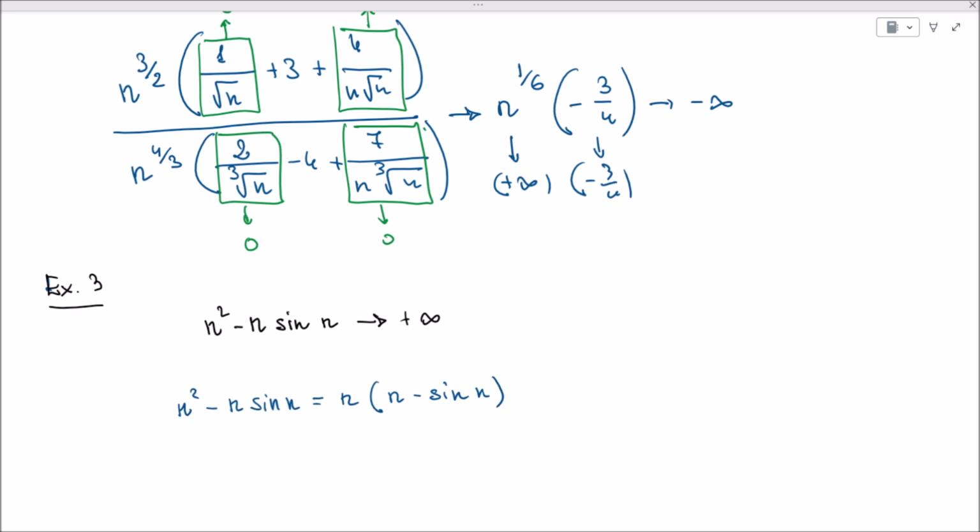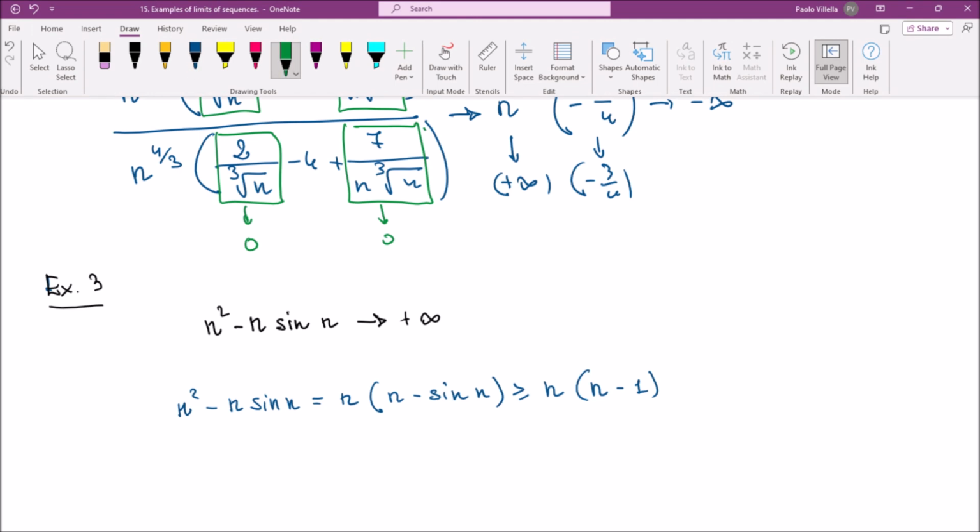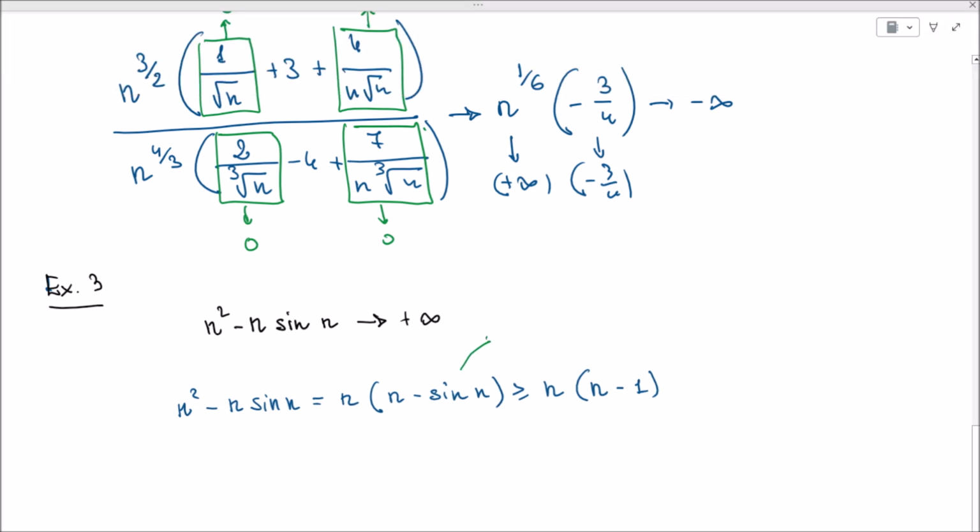And of course this is larger than or equal to n times n minus 1, as we know that sine of n will be always between minus 1 and 1.